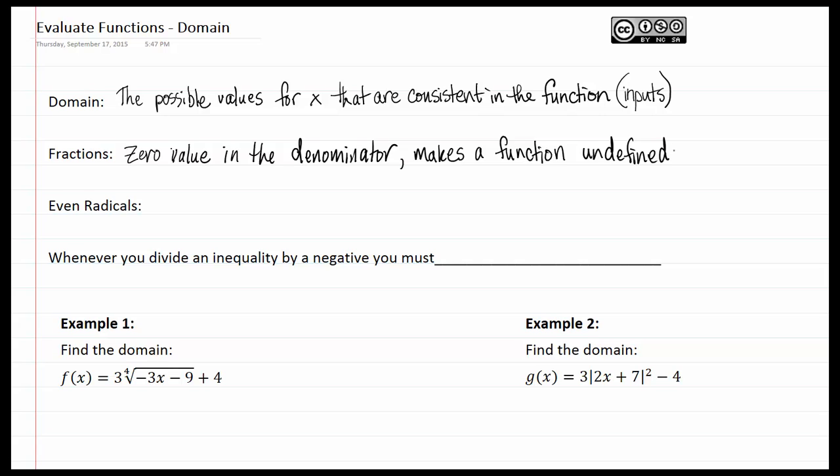The other thing that can cause problems is even radicals. Even radicals cannot have negative values inside of them. So depending on what values you put into the radical for x, you could end up with a negative value inside.